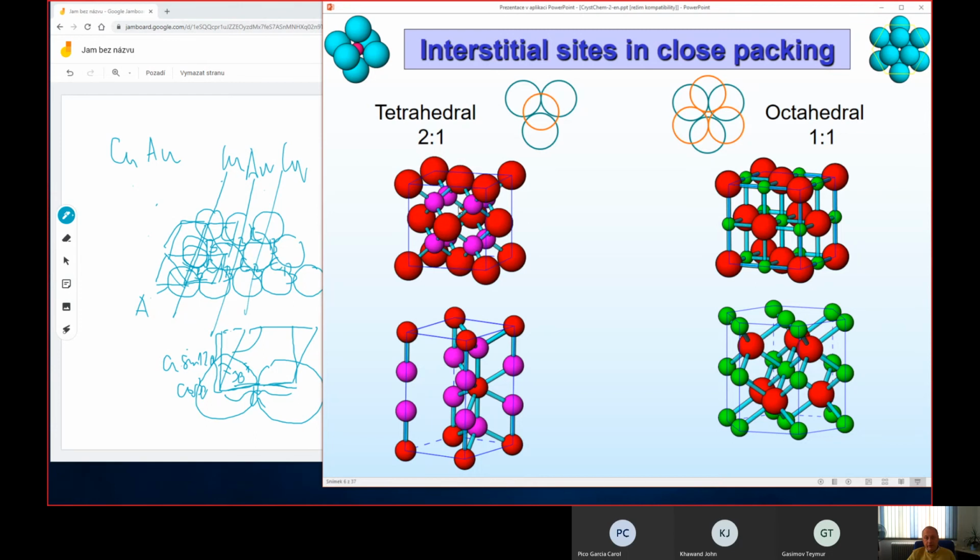Unlike the cubic close-packed structure, where all tetrahedral positions can be occupied in a single structure, it is not possible in this case, because it corresponds to 2 tetrahedral sites above each other.